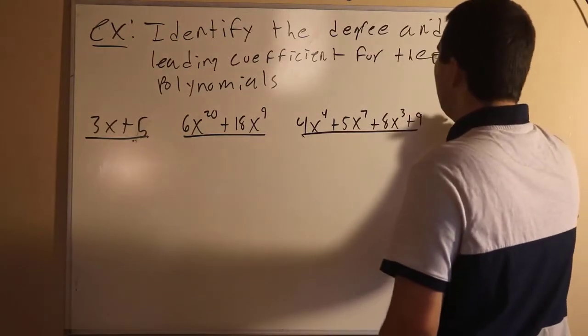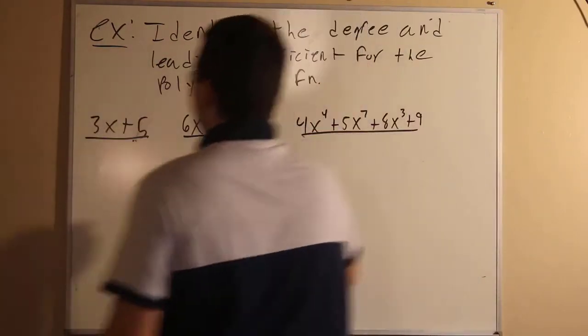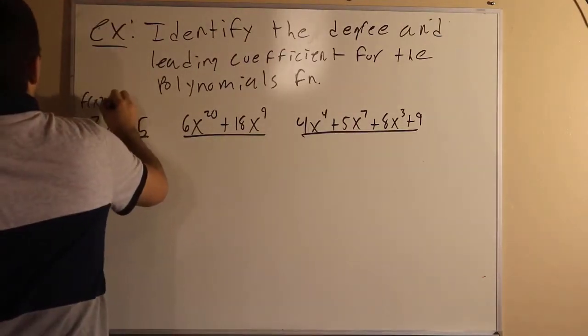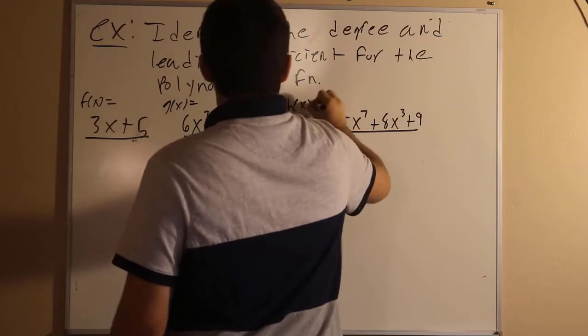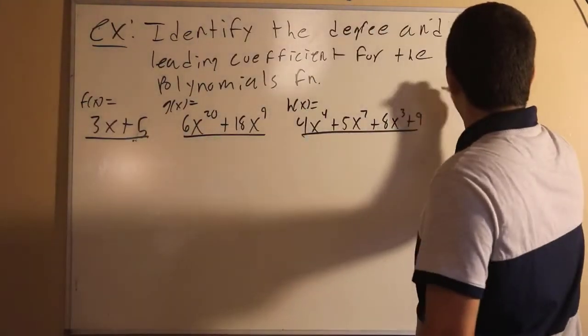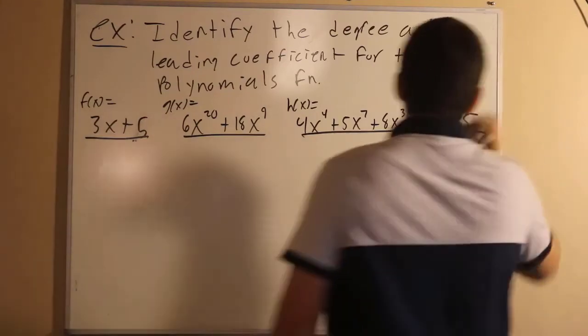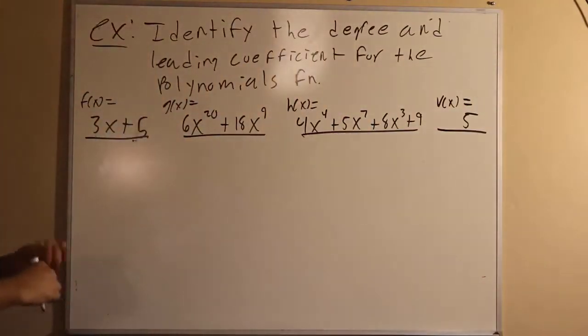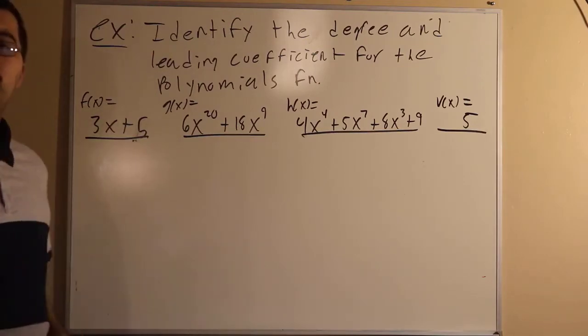And then let's make all these functions actually. So let's say this is f of x equals, g of x equals, h of x equals, and v of x equals 5. There you go. So here are our 4 polynomials, okay? And we want to identify their leading coefficients and their degrees.